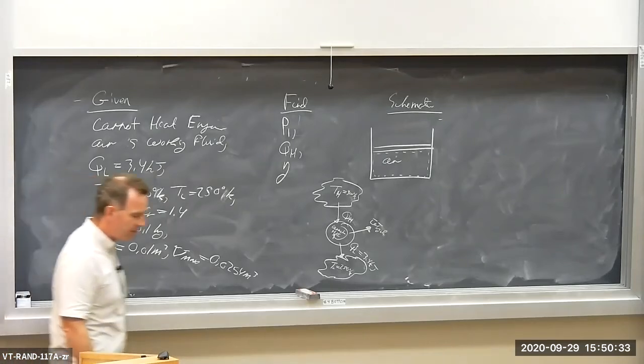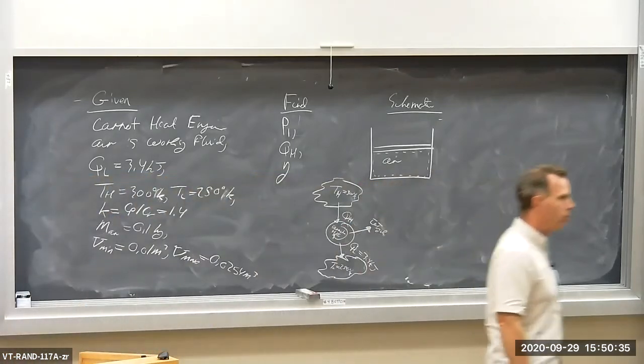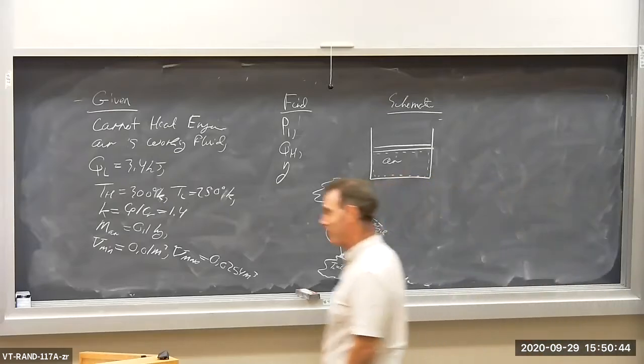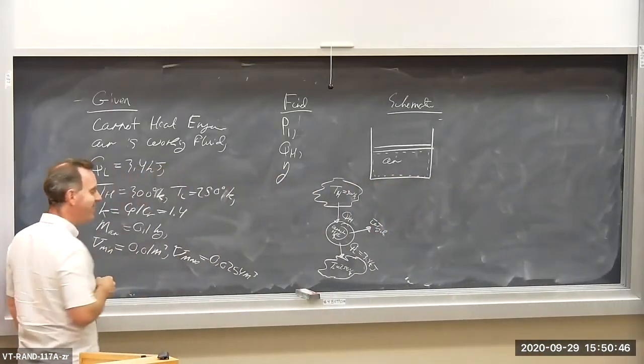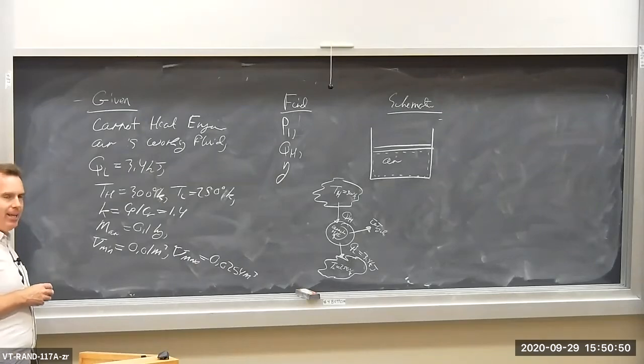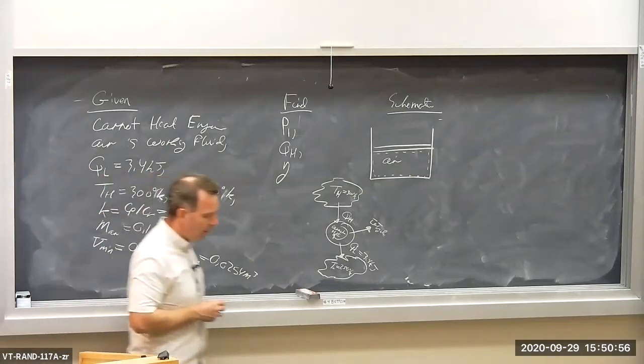Cp over Cv is going to be held constant. In other words, we're doing a constant specific heat analysis. The ratio Cp over Cv is always called k, and that's going to be given to you as 1.4. So we're going to do a constant specific heat problem.